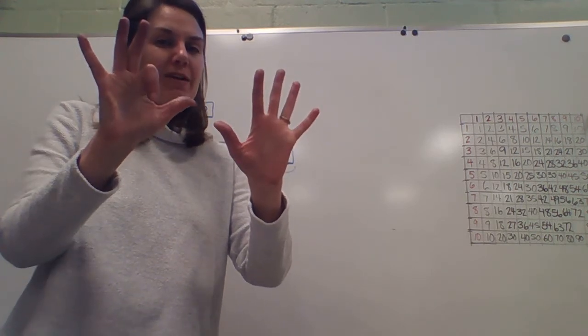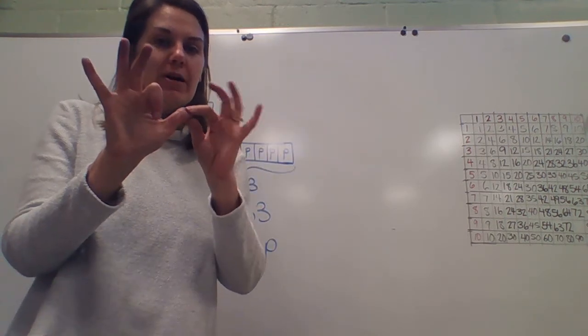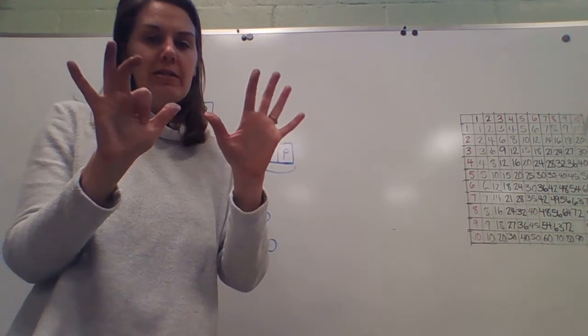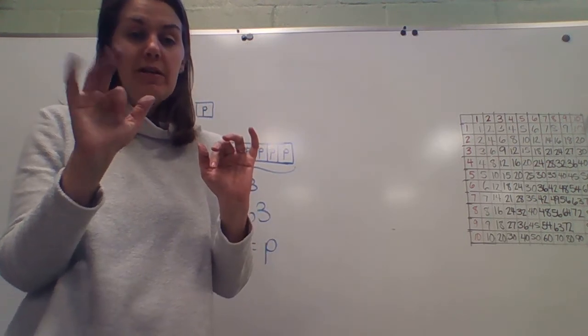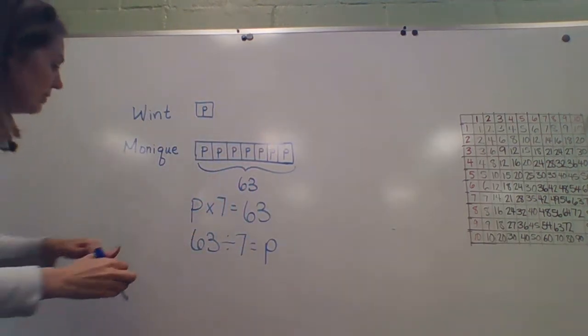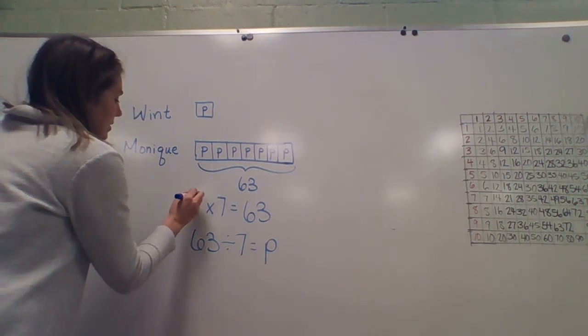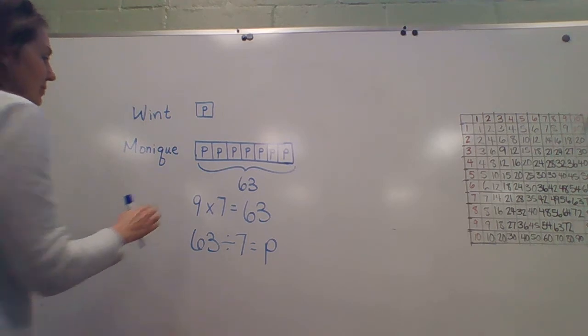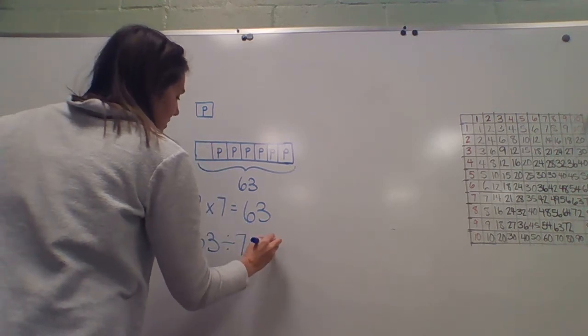I have 6 fingers on the left side of my finger that's down, so that would be 6 tens. You have 3 on the other side, that's 3 ones. So 63. So I now know that P is going to be 9. 9 times 7 would get me 63. Therefore, 63 divided by 7 is 9.